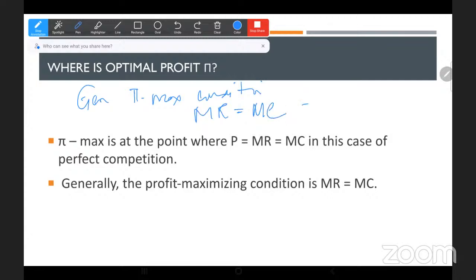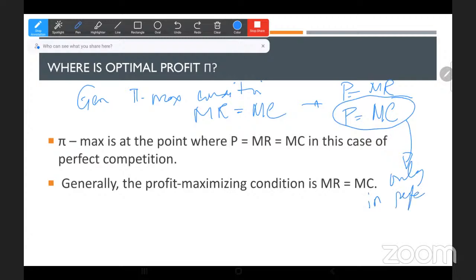Kaya lang, only in a perfectly competitive situation, since P is equal to MR, then the profit maximizing condition is P is equal to MC. Only in perfectly competitive situation. Okay?